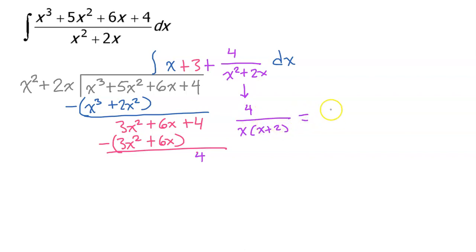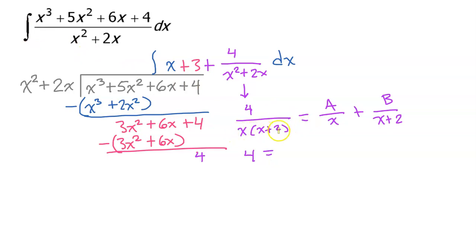And then we need to rewrite this as a over x plus b over x plus 2. Multiplying both sides of this equation by the common denominator, on the left side, the denominator cancels out and you're left with 4.